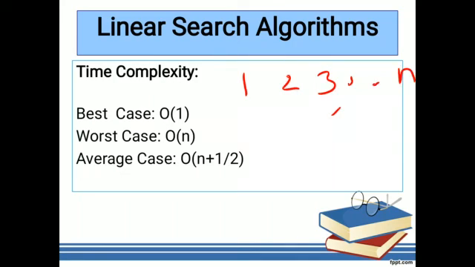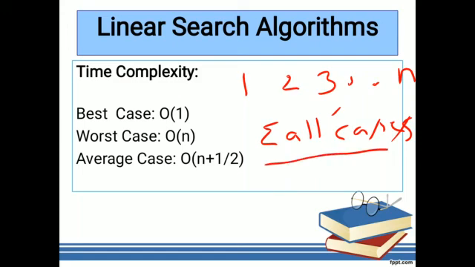So what is the formula for average case? The sum of all cases divided by the total number of cases.